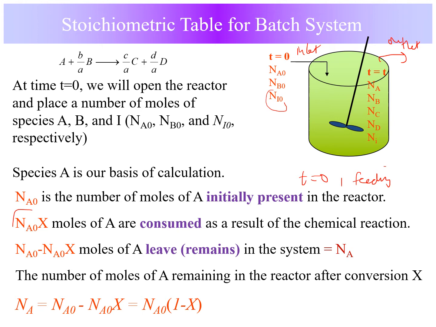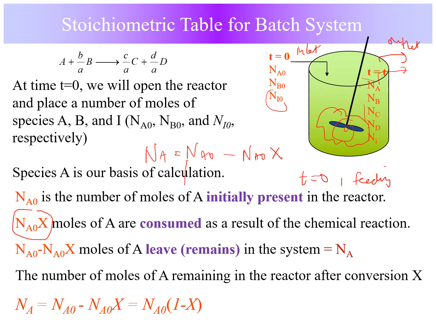This Na naught X is what is being consumed, or reacted. Then Na naught minus Na naught X moles of A leave or remain in the system after the process completes. So Na, at any time T, is equal to the initial amount minus Na naught X, the amount that was consumed.